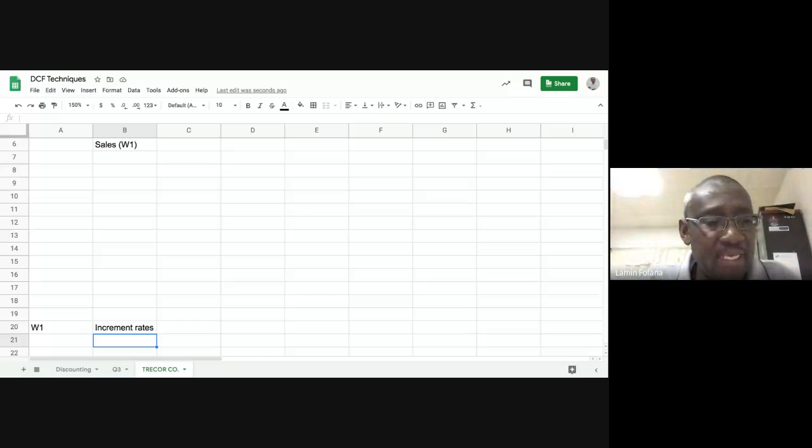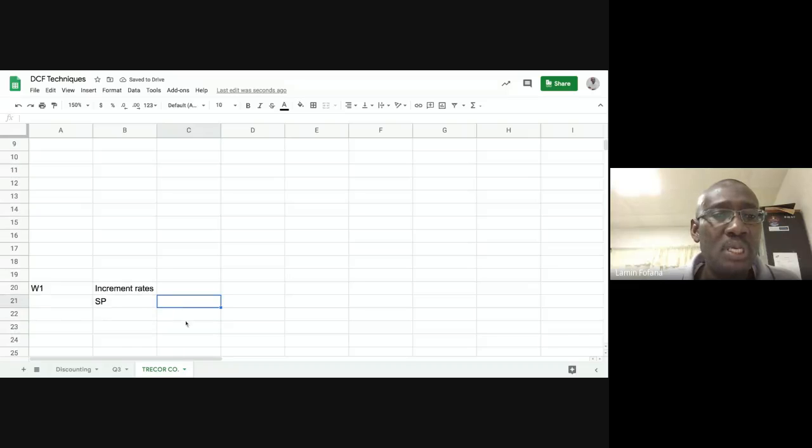The selling price, I'll just abbreviate it, SP is going to go up by what? 3%. Can you see? It's going to go up by 3%. 3% is the same as 1.03. Okay, do you know that? If something is going to go up by 3%, that means you multiply by 1.03, right?